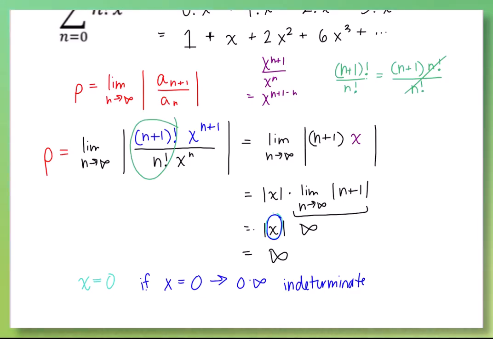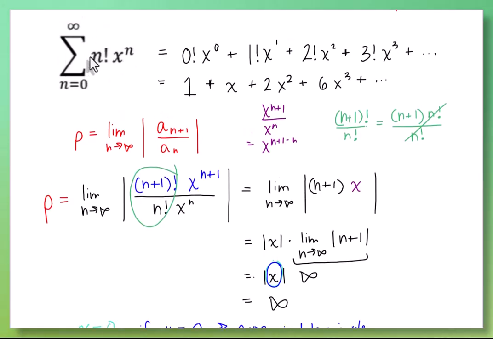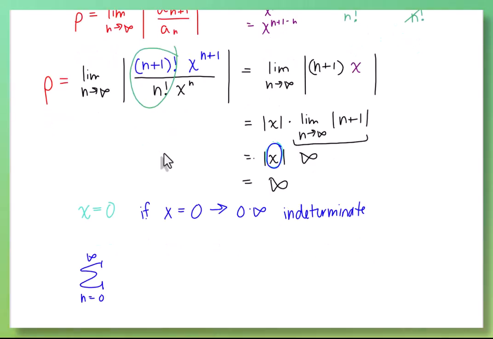So we have to consider what our given series up here would look like if I were to let x equal 0. So if we let x equal 0, I'm going to list the terms of n factorial x to the n out. We said it was 1 plus x plus 2 factorial x squared plus 3 factorial x cubed.